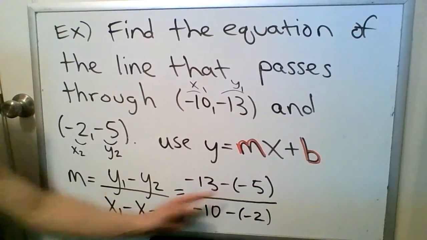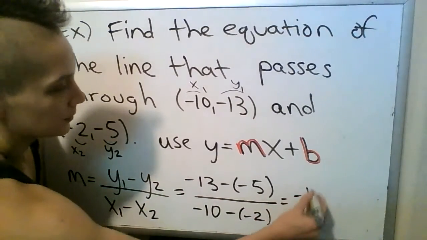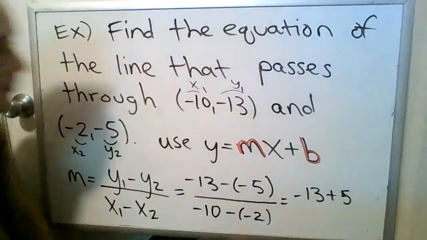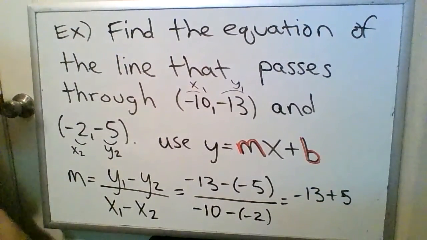Negative 13 plus 5, and negative 10 plus 2.